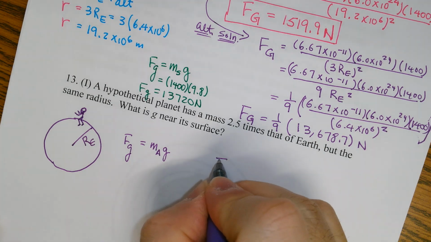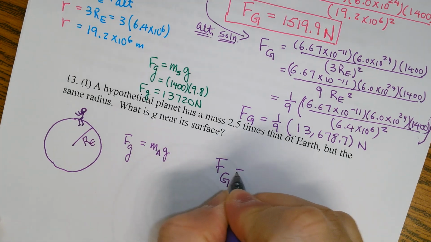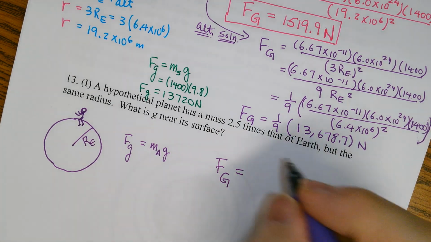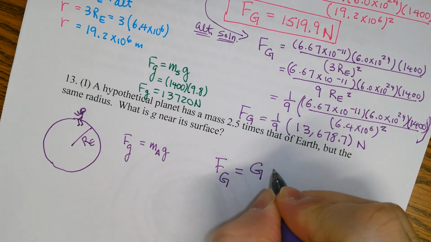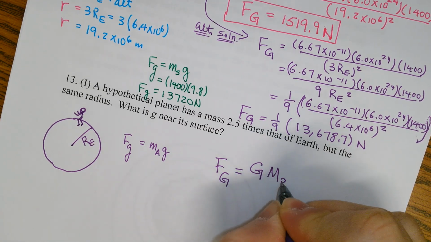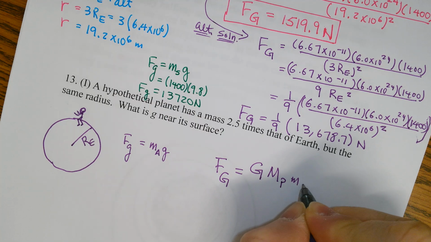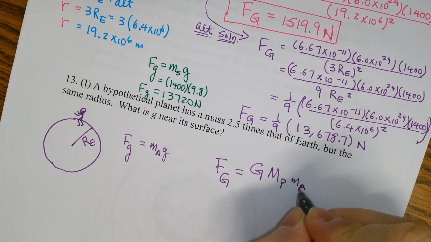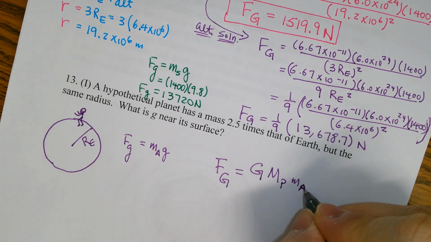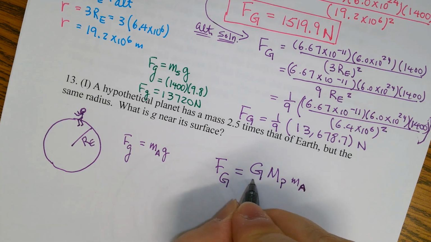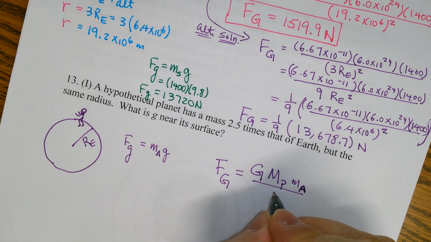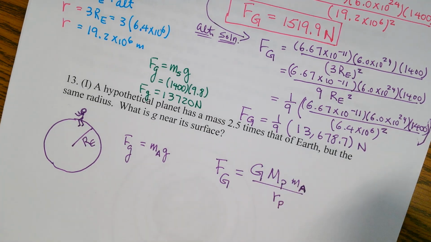So she's also feeling this big Fg, which is the same thing as G times the mass of the planet times the mass of Aiden, divided by the radius of the planet squared.